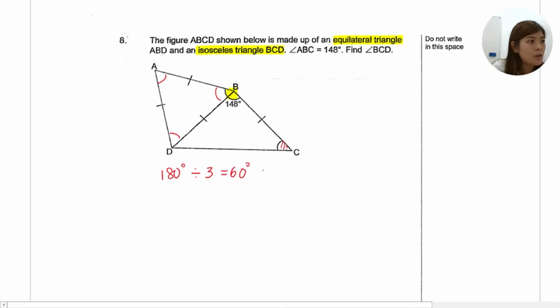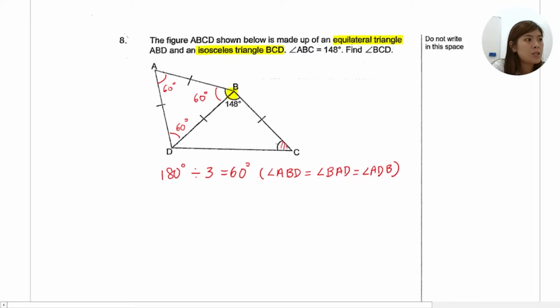This is for angle ABD, angle BAD, and angle ADB. Because equilateral, here 60, 60, and 60.